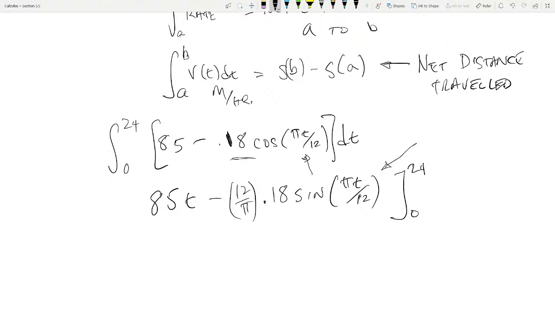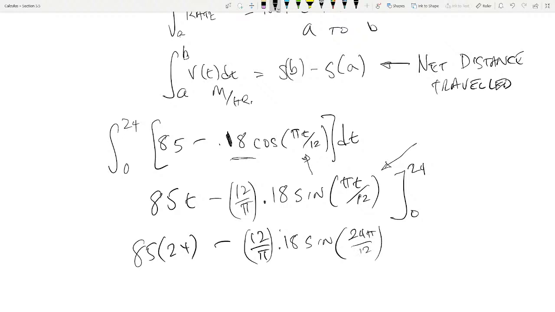Now I'm ready to plug in the bounds. I'm going to get 85 times 24 minus 12 over pi times 0.18 sine of 24 pi over 12, which is 2 pi. And then when I plug in 0, can you see that you get 0 for both terms? I plug in 0 here, get 0.